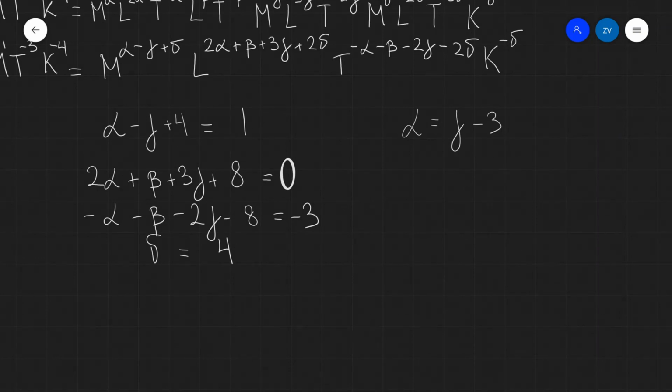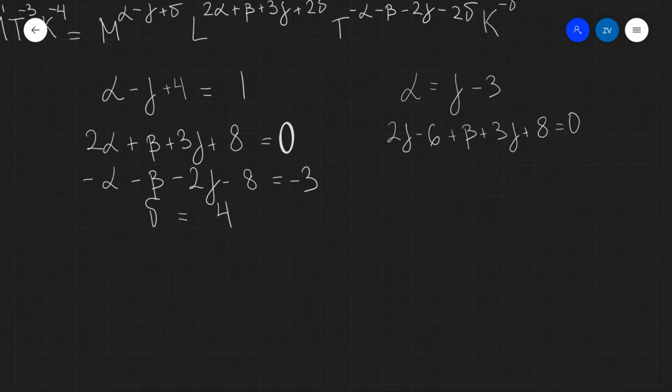And then I'm going to substitute this expression for alpha into the second equation. So what I'm going to get is 2 times alpha, which will give me 2 times gamma minus 2 times 3, which is 6, plus beta plus 3 gamma plus 8 is equal to 0. Let's do a bit of simplification.